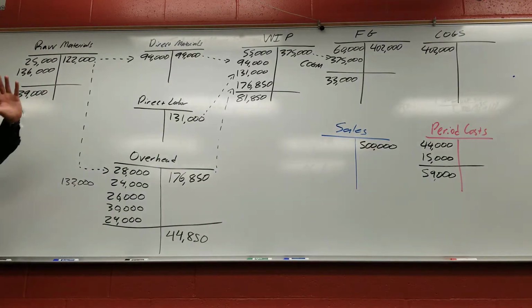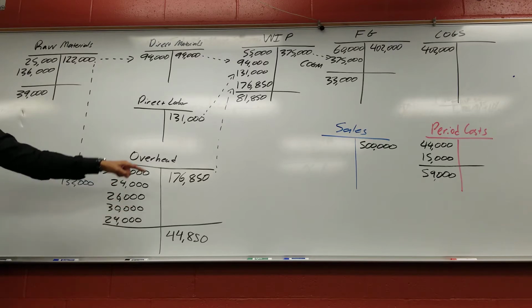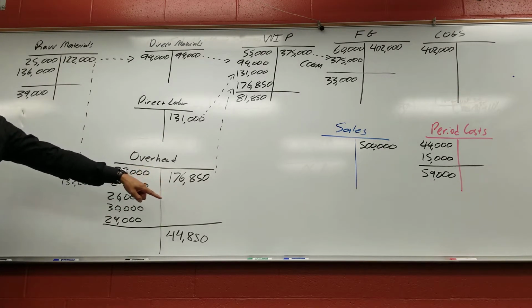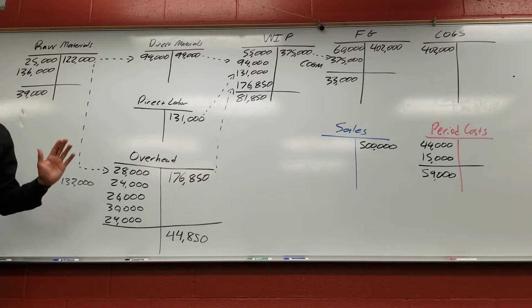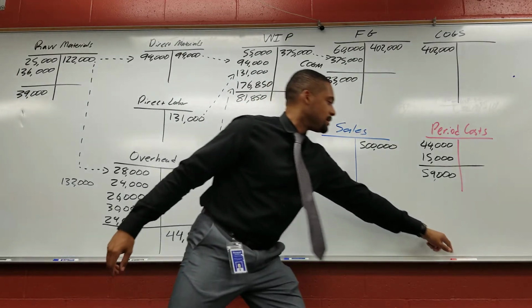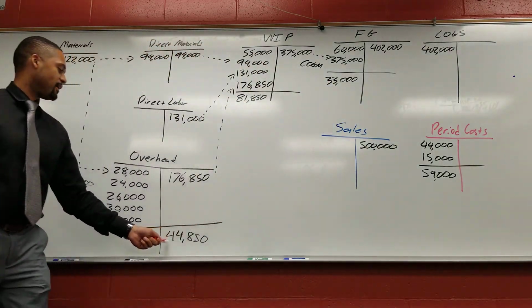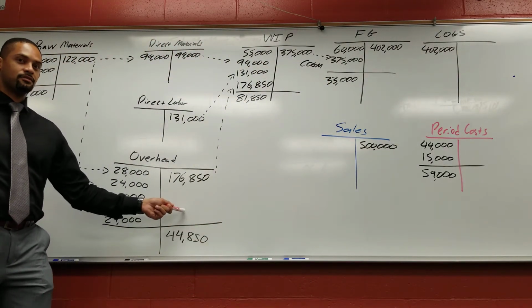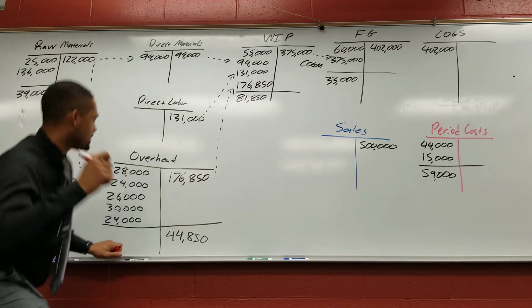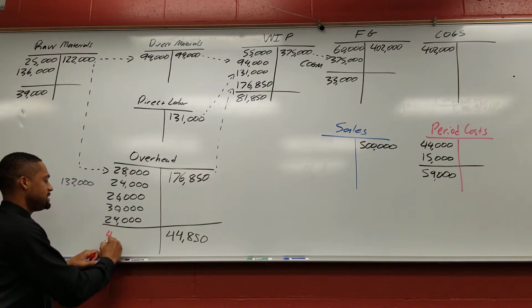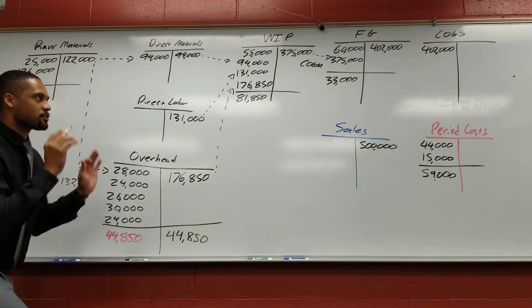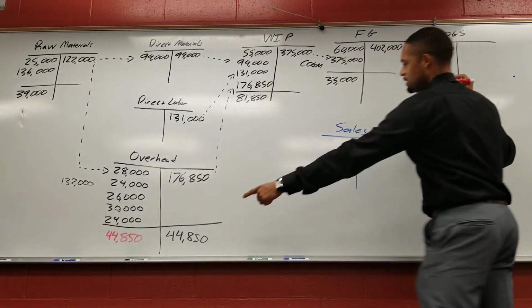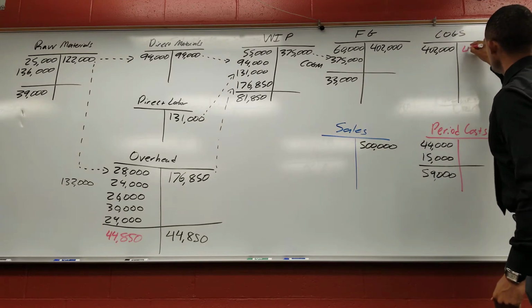Now, there's 44,850 over applied. That's going to lower cost of goods sold. Don't worry about getting the two mixed up. It's real easy to figure this piece out. Notice, if there is 44,850 on the credit side of overhead, we must debit to get rid of it. If we debit overhead, that means we must credit cost of goods sold for 44,850.